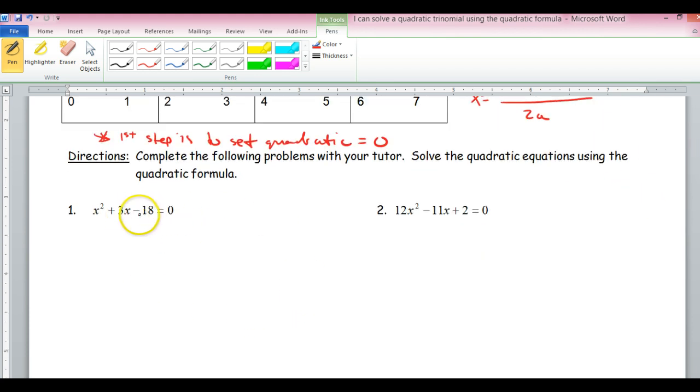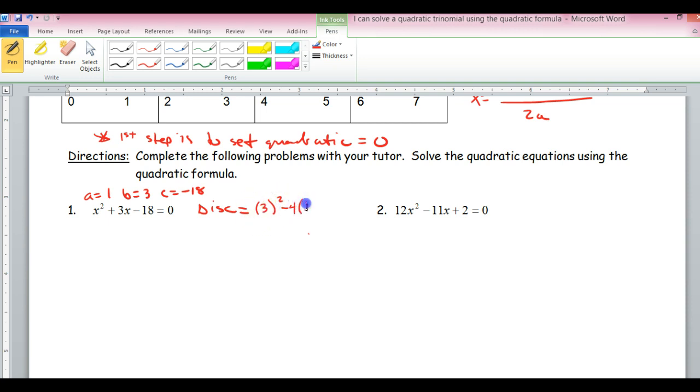So number 1 here, you have x squared plus 3x minus 18. The first thing we're going to do is identify what a is, what b is, and what c is. Once we know what a, b, and c are, and signs are important here, you're going to evaluate the discriminant. So I do b squared, and remember, anytime you square b, you must make sure the value of b is in parentheses.